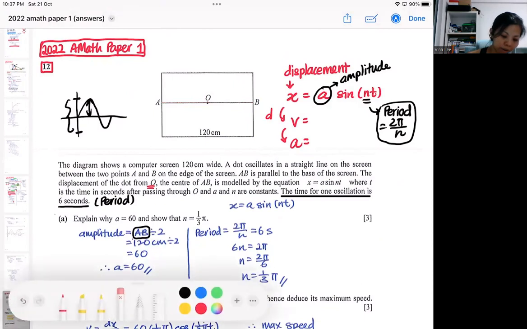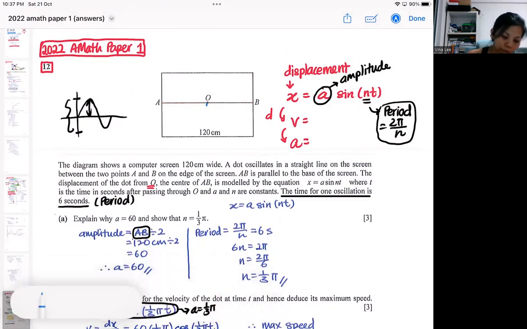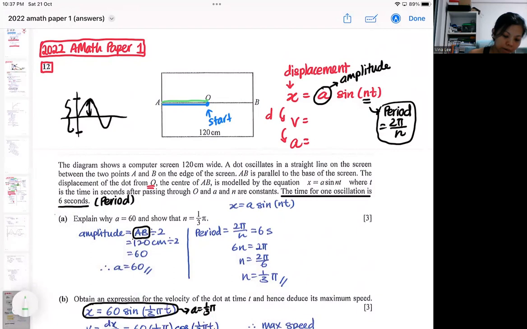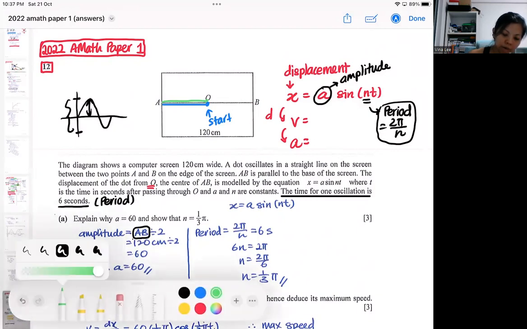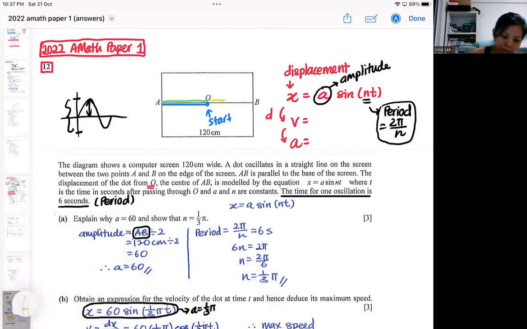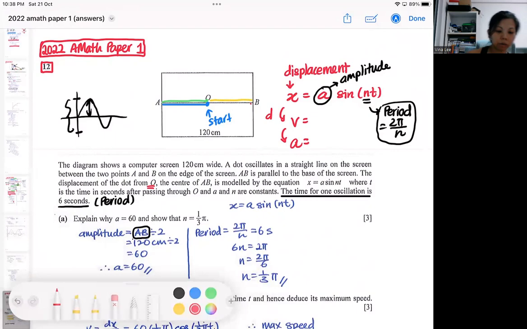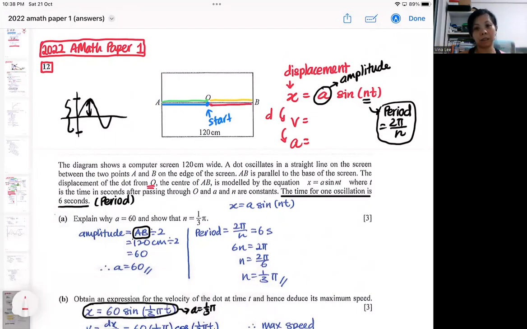Just now the question says that the dot starts from O, then it will go to A, then it comes back to O, then from O it goes to B, then from B it comes back to O.